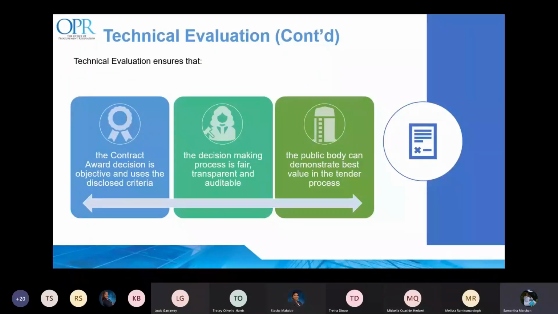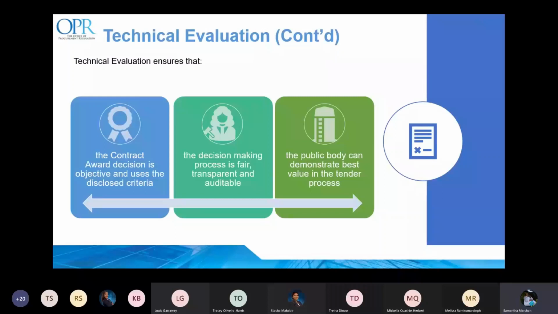The importance of compliance with the objects of the Act and the technical evaluation must be maintained throughout the technical evaluation process. We must ensure objectivity. This means that the award decisions must only use criteria that have been disclosed in the solicitation documents.